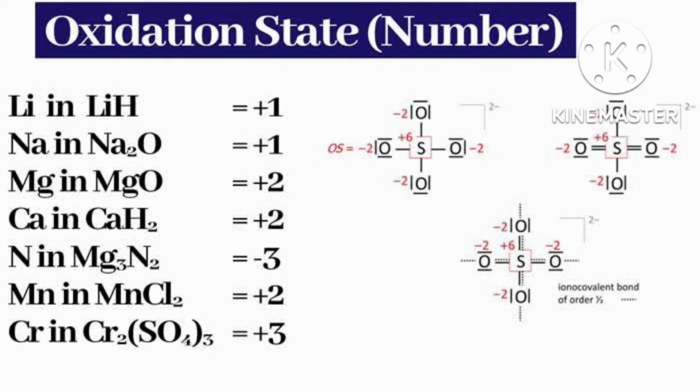Then you will get the oxidation state. For example, 8 minus 3 is 5, 8 minus 4 is 4, 8 minus 6 is 2, 8 minus 7 is 1. Like that way, you will get the oxidation state. Nowadays, the term oxidation state is frequently used for valence.